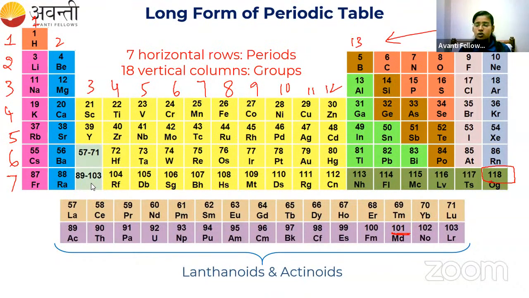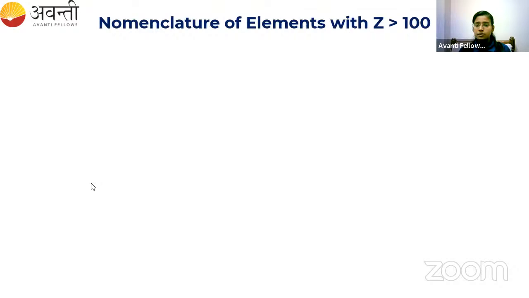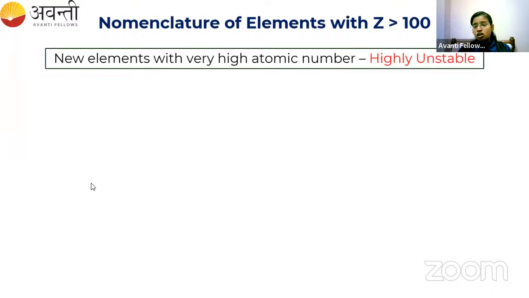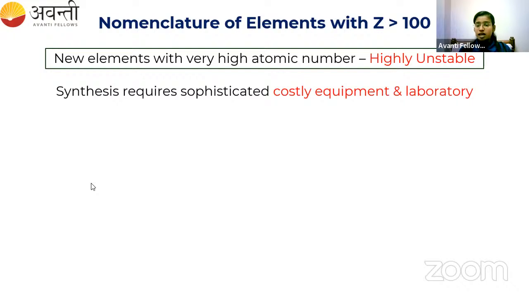Now let's see the nomenclature of elements with atomic number greater than 100. The new elements with very high atomic number, greater than 100, are highly unstable in nature. The synthesis of those elements requires sophisticated, costly equipment and a sophisticated laboratory.